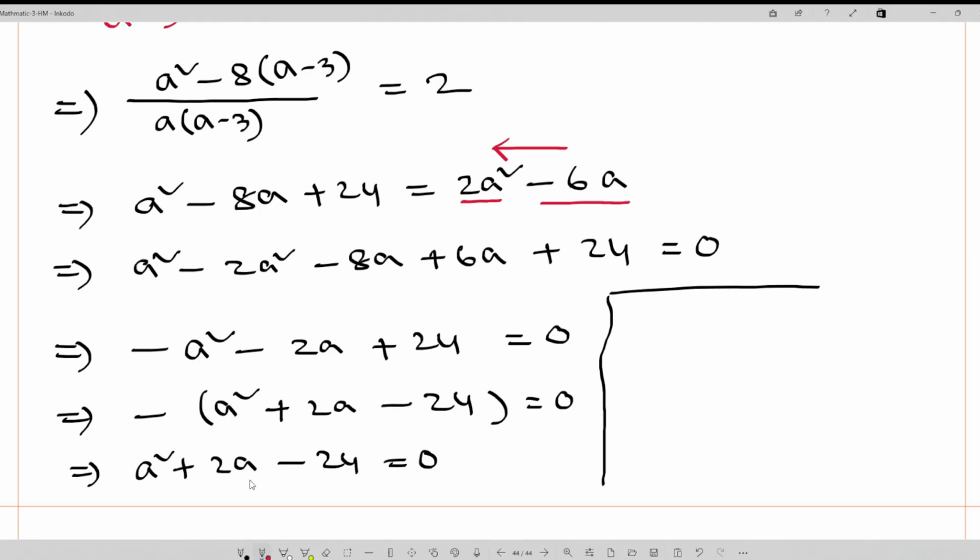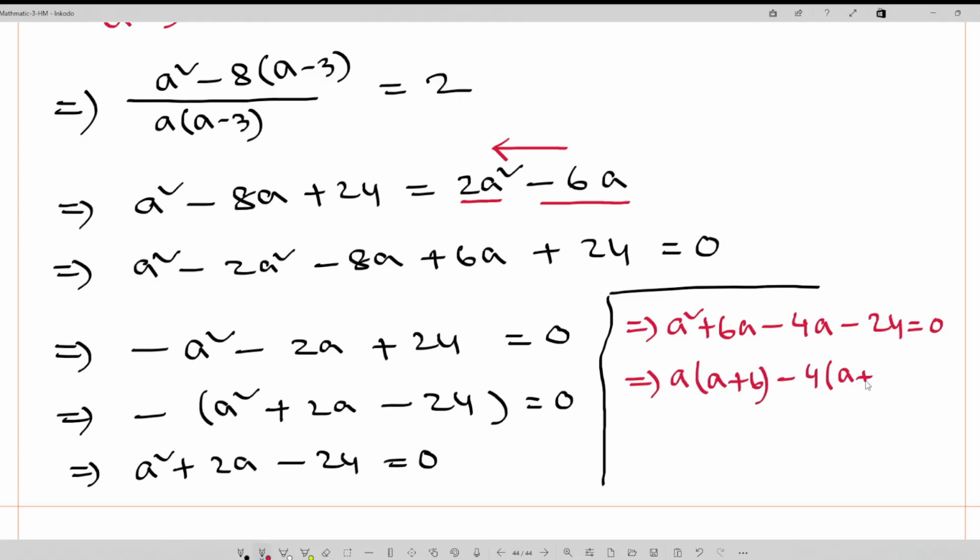So a square plus 2a minus 24 we can write like this: a square plus 6a minus 4a minus 24 equals 0. How? Because 6 minus 4 means 2, and 6 times 4 means 24. So we can take common a, so here is a plus 6, take common minus 4, again a plus 6, equal 0.